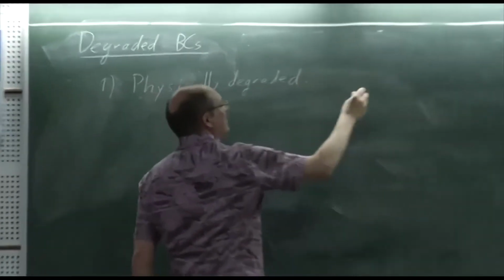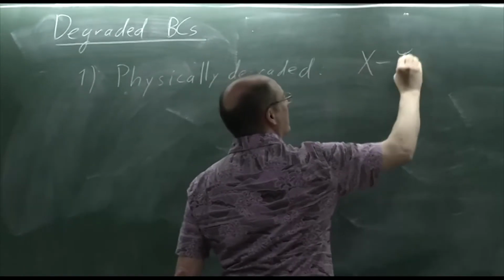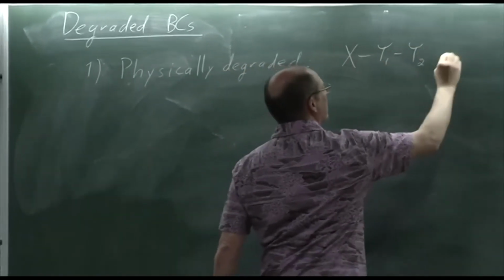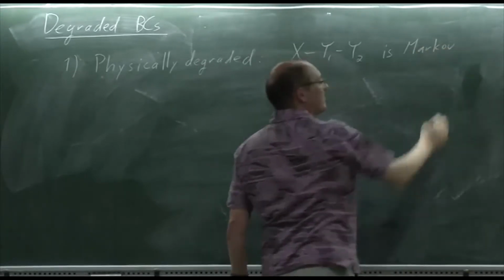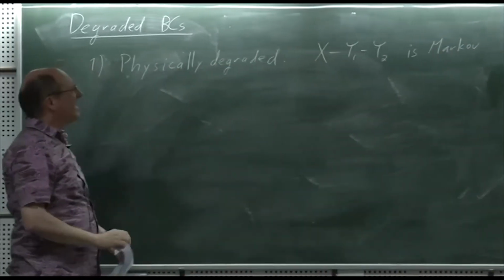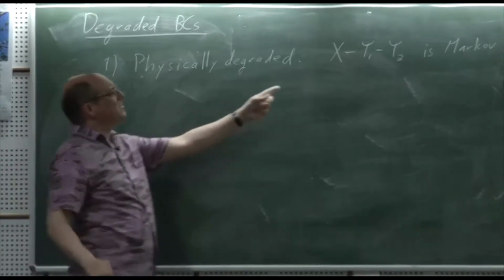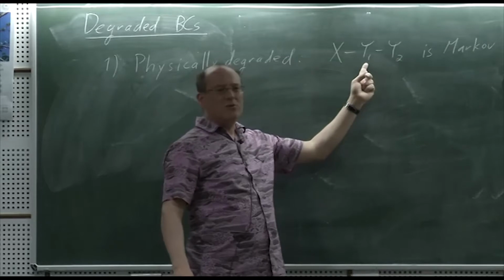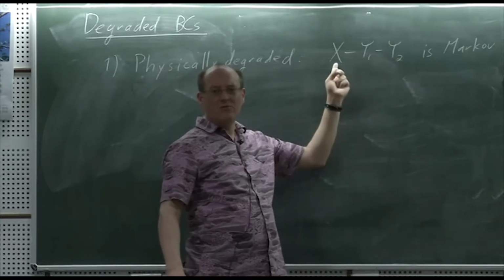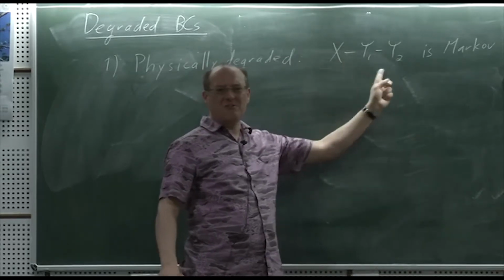And what that means is that the chain X, Y1, Y2 is Markov. Okay, that's what it means. The reason for calling it physical has to do with thinking about Y2 as a noisy version of Y1, which is a noisy version of X. So there's some kind of physical thing here.